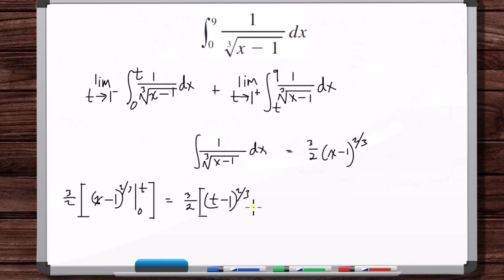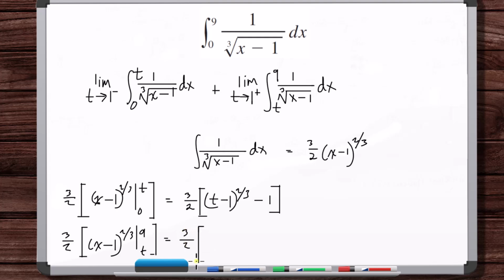Minus 1 squared is 1. So, okay, now evaluating this from t to 9. So, okay, cube root of 8 is 2. 2 squared is 4.